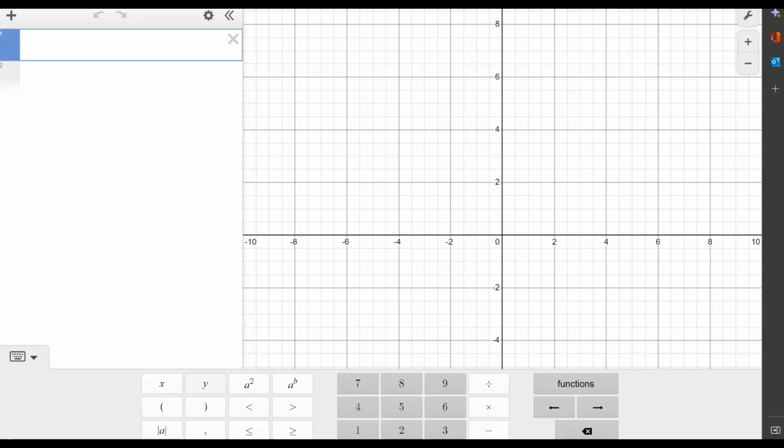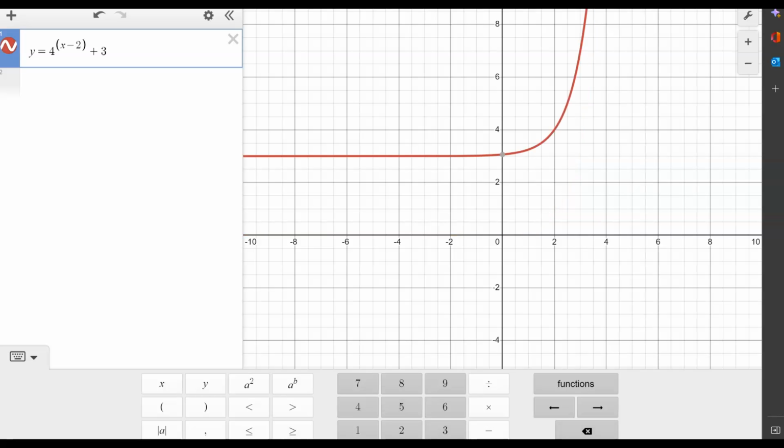So we're going to do y equals 4 raised to the open parentheses x minus 2 close parentheses, and then we're going to add 3.